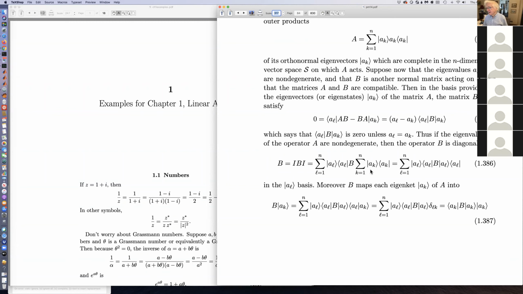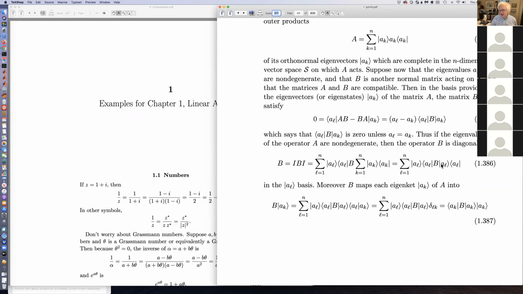Consequently, they're both diagonal in the same basis, and for that reason, they obviously are compatible. Anyway, we can write B then in terms of the eigenvalues of A like this, and it gives us this. These things are diagonal, and I have used the diagonalization because the l is the same on both sides.